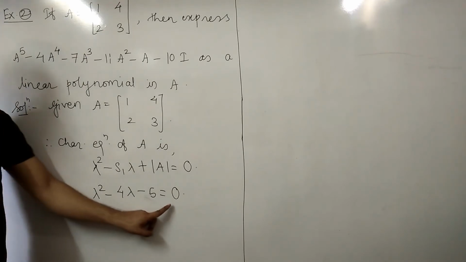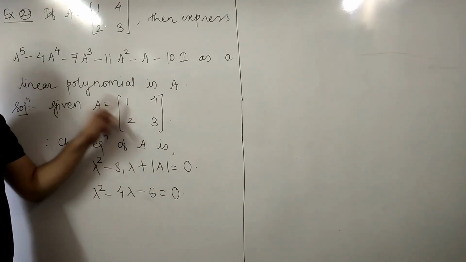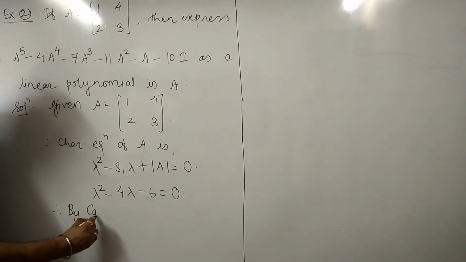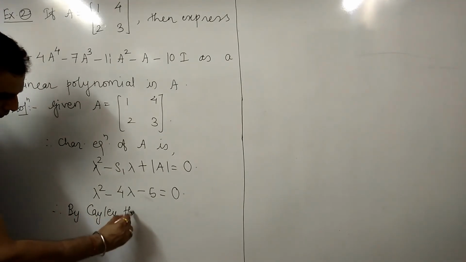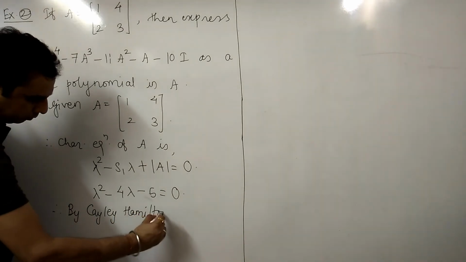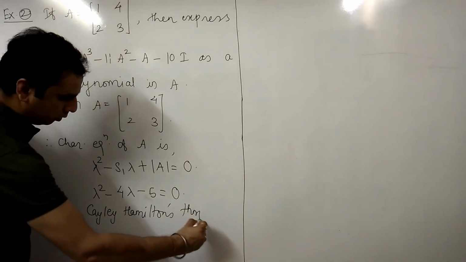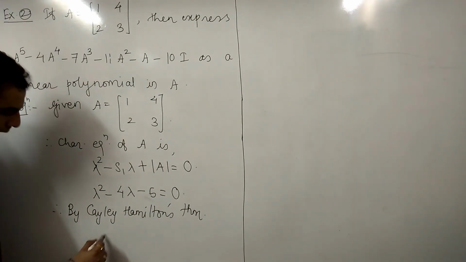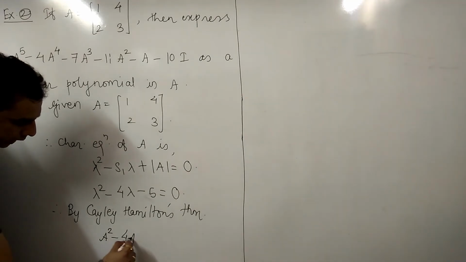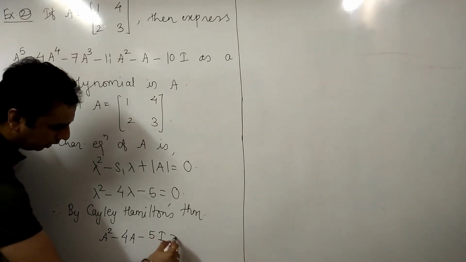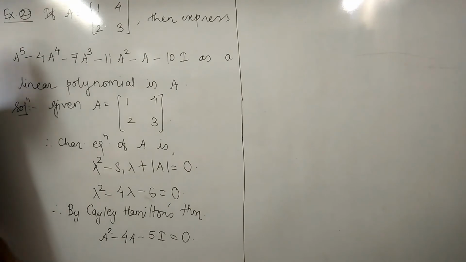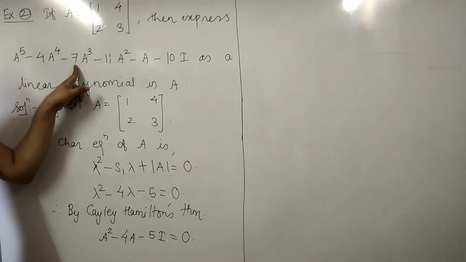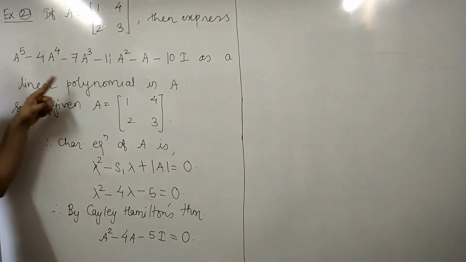So this is the characteristic equation of matrix A. So therefore by Cayley-Hamilton's theorem, we can write that A square minus 4A minus 5 times I is equal to O, the null matrix. So we have to use this statement to reduce the given polynomial into a linear polynomial.